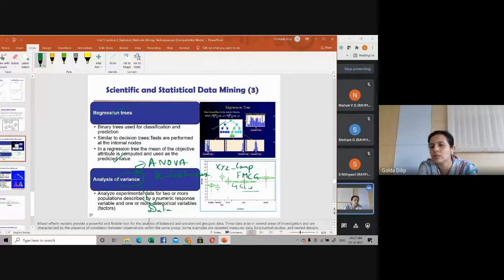Since FMCG companies are interested mainly in sales data, the total variation in sales can be measured by the SSE, the sum of squared deviations from the average sales.